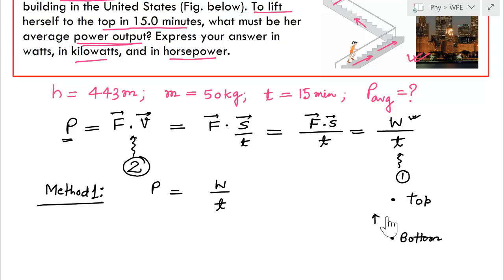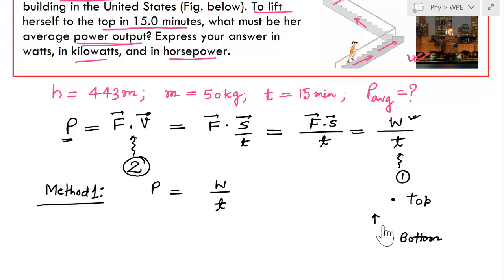So her muscle and everything is applying a force against mg because she has to overcome mg, and we are assuming that there is no change in velocity. So she is going very slowly and basically there is no change in velocity. So constant velocity. So you can basically calculate what is the work because she always remains in equilibrium. The upward force applied by her is equals to weight.